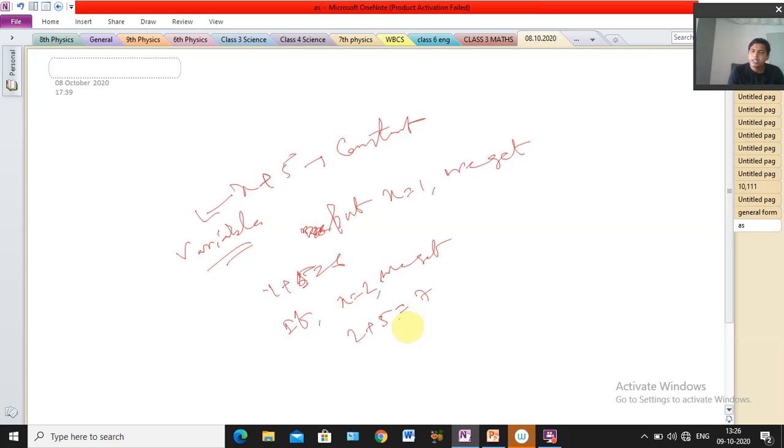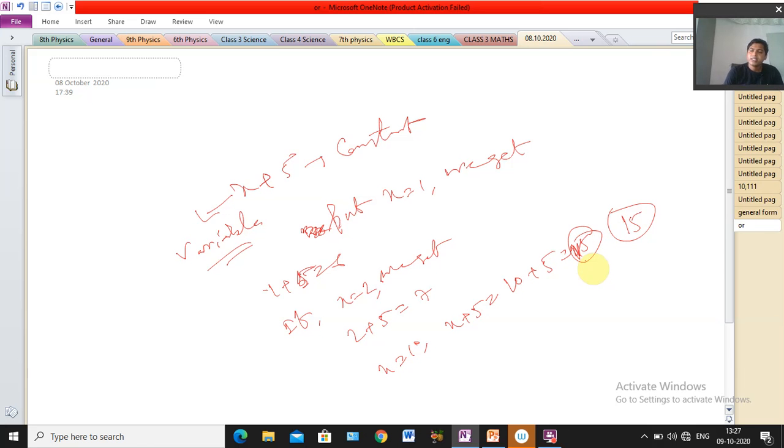Try to understand: we are putting the values of x as 1, 2, 3, 4, any number, and the value of x plus 5 is also changing, which means it is varying. Suppose x equal to 10; then 10 plus 5 gives 15. So that's why x is a variable.